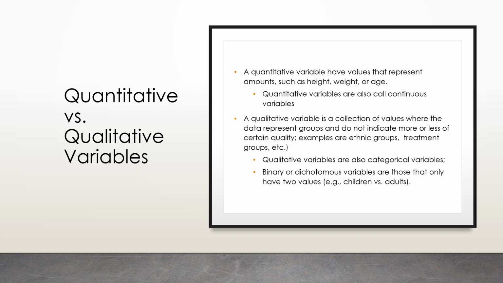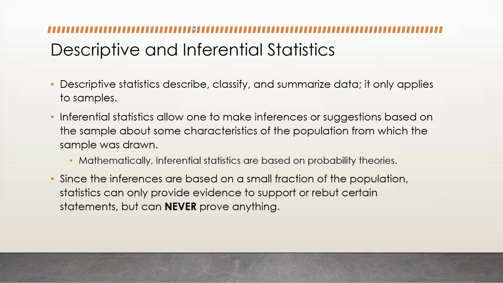A qualitative variable is a collection of values where the values represent groups and do not indicate more or less of a certain quantity. So nominal variables are definitely qualitative. They are also called categorical variables.